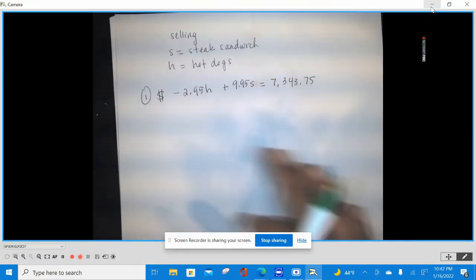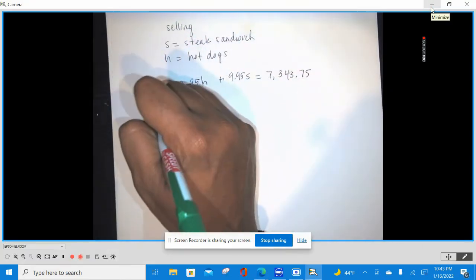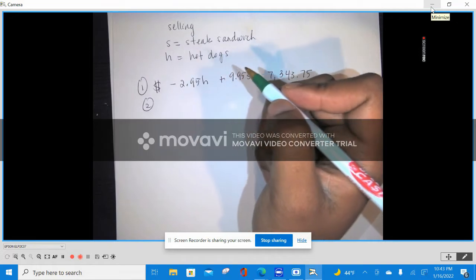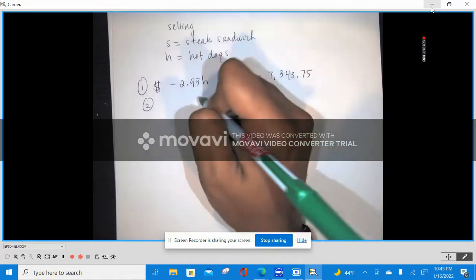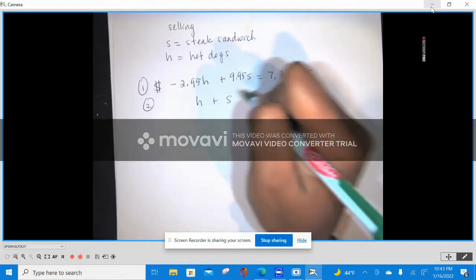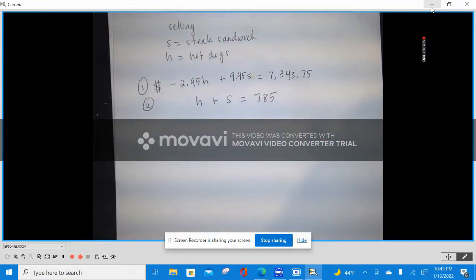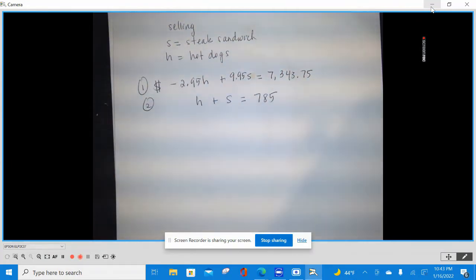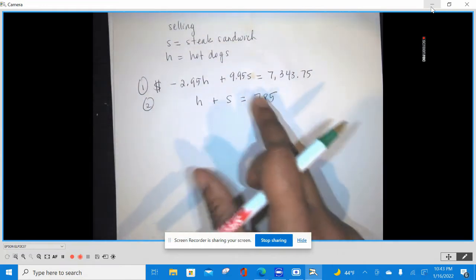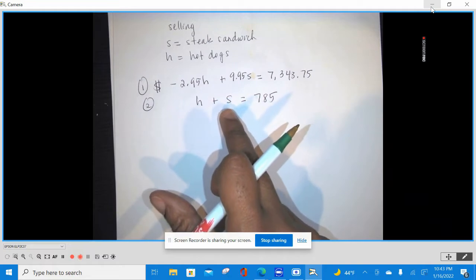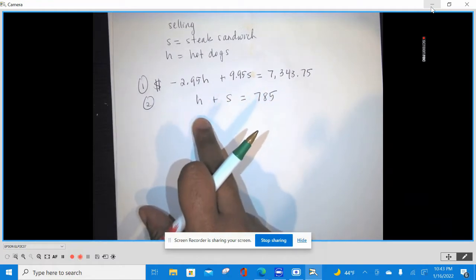Okay. So now the last thing that they told us of information is he sold, I believe, 785 items. So hot dogs plus steak sandwiches was 785 items that he's purchased. I'm sorry, not purchased, sold. So that's how many things he sold total, but you don't know how many steak sandwiches and how many hot dogs, right?